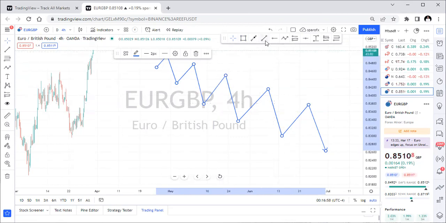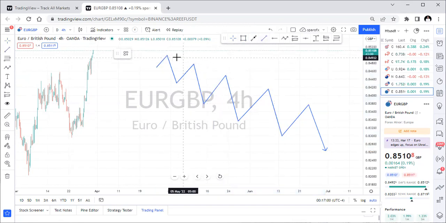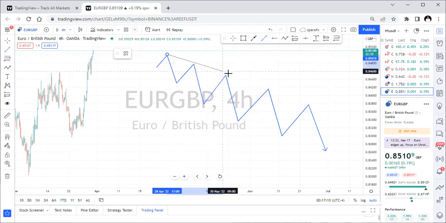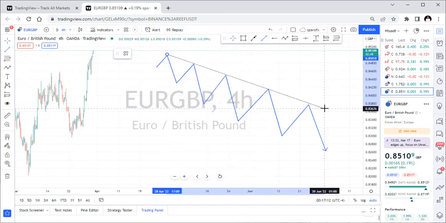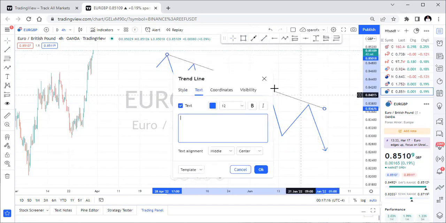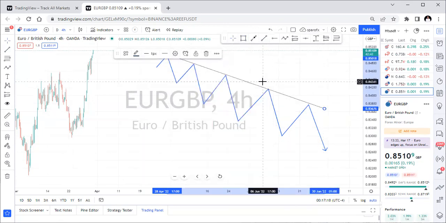Let's say for instance the market makes a low, high, low, high. With the help of a trend line, you can connect different highs together.